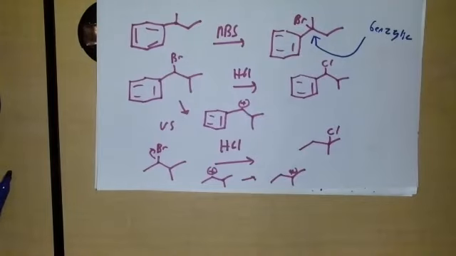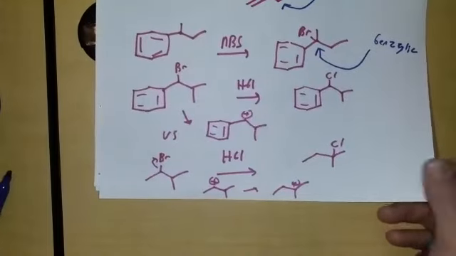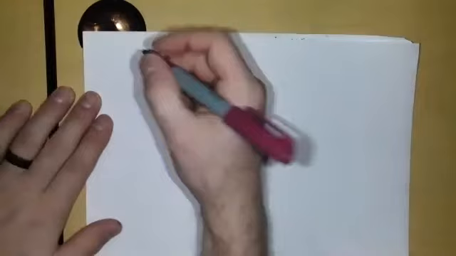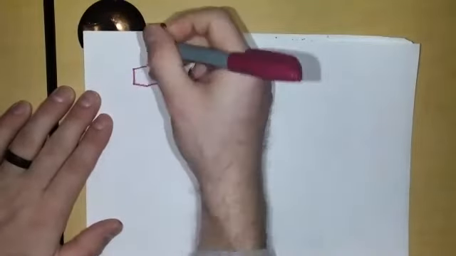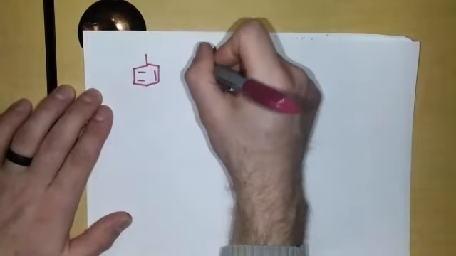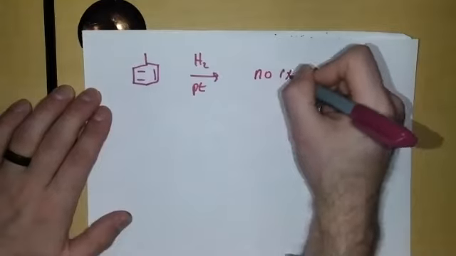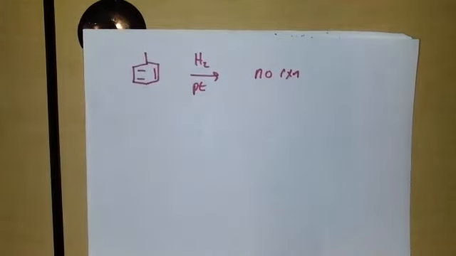All right, so there's one more reaction I'm going to cover, which is how do you reduce these? Because as I talked about previously, if you take, for instance, toluene, throw in H2 and platinum, you're going to get no reaction.